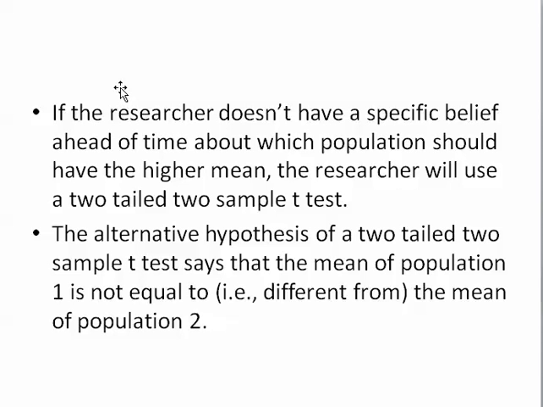In a right-tailed test, the alternative hypothesis says that the mean of population 1 is higher than the mean of population 2. And in a two-tailed test, the alternative hypothesis says that the population means are not equal. And in all three of them, the null says that the population means are equal.